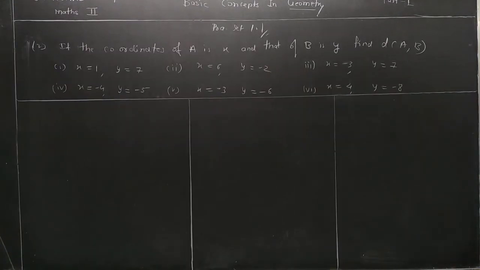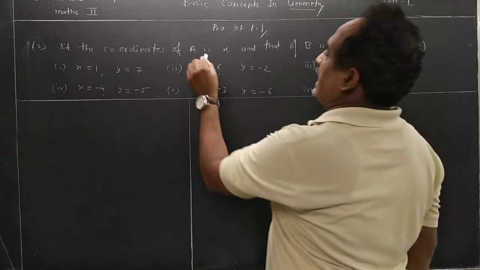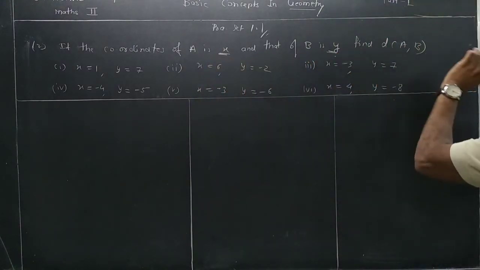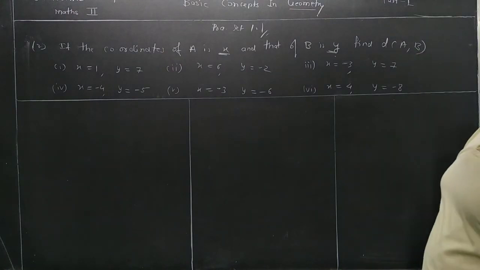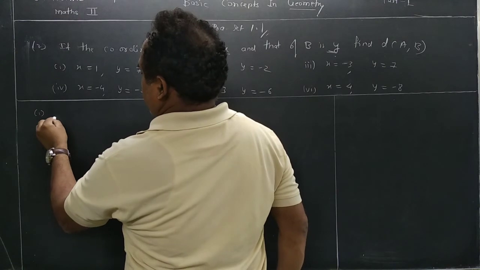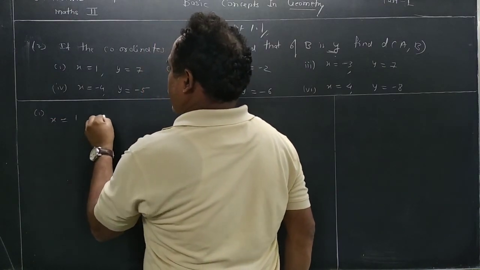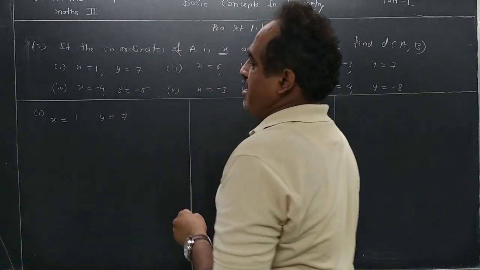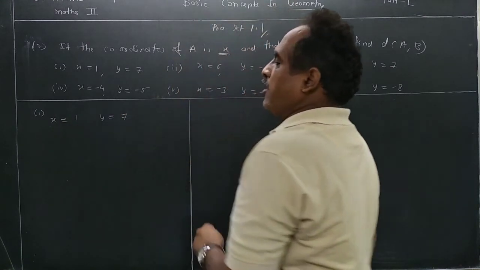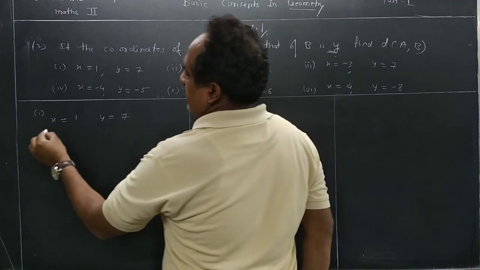Now see the second question. If the coordinate of point A is x and the coordinate of point B is y, find distance AB. First question, x is equal to 1 and y is equal to 7. X is the coordinate of A, y is the coordinate of B. So, what can I write then?